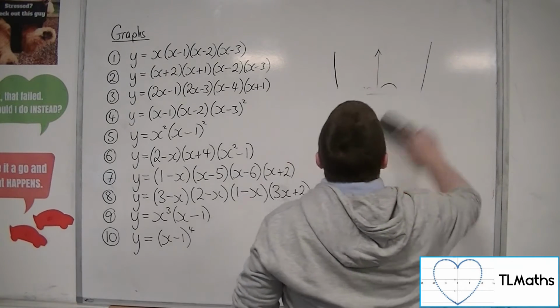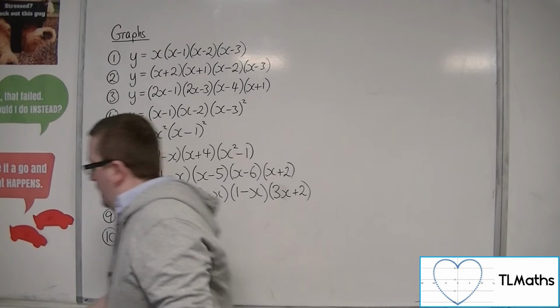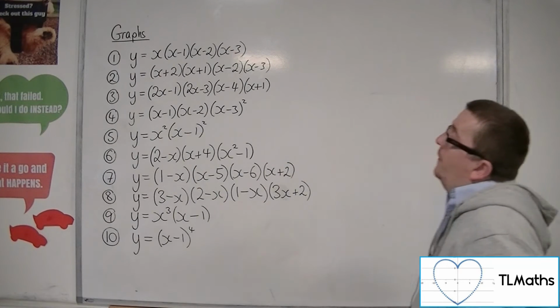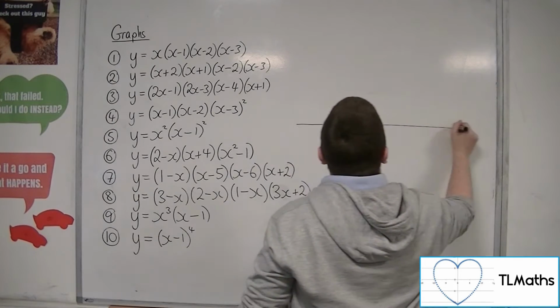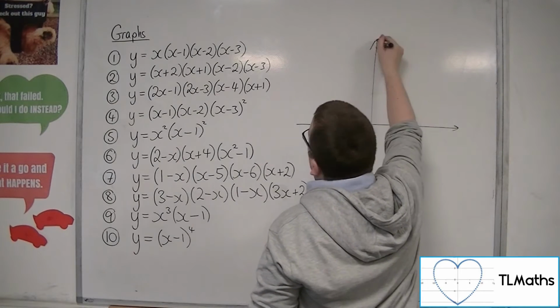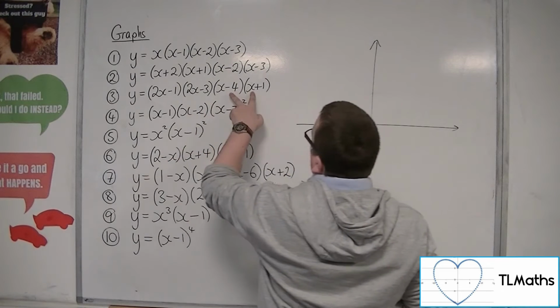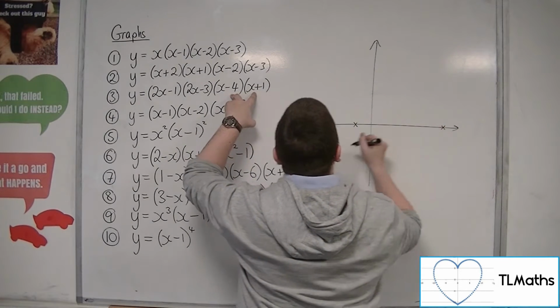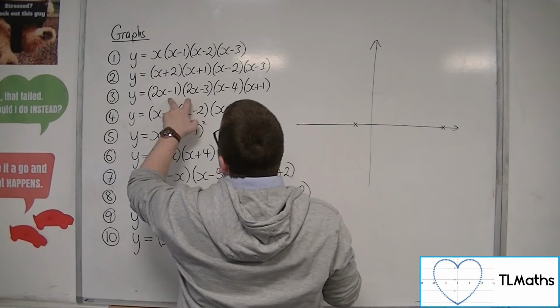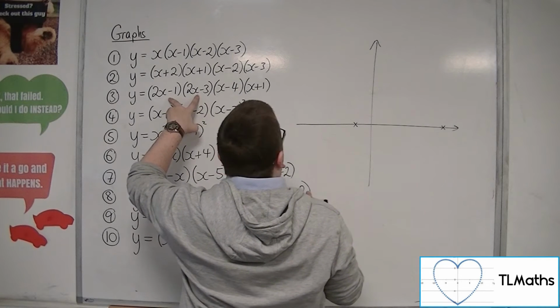So let's have a look at number 3. We've got y is equal to 2x minus 1, 2x minus 3, x minus 4, and x plus 1. Okay, so let's put in these two first. We've got minus 1 and 4. We've got a half and 3 halves.